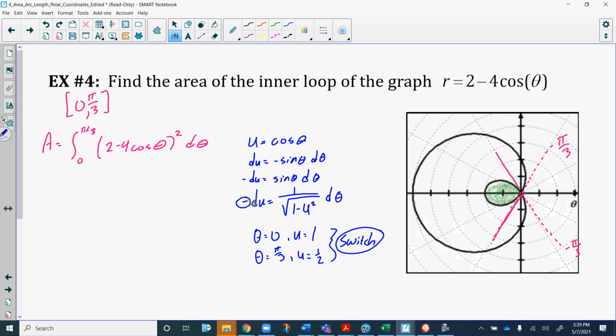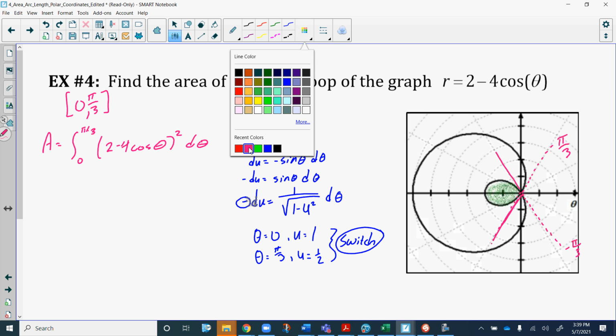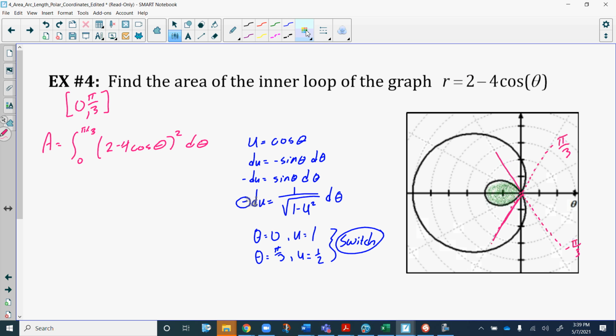So now let's see what my integral looks like when I start doing substitution. So we still have a positive because of the double negative situation that we had, but now I'm going from 1/2 to 1.